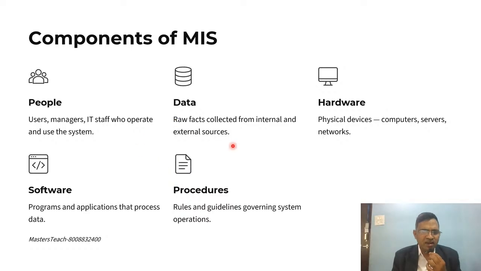Data is the raw data collected from internal and external sources. Then hardware, the computers and servers they use. Software is the applications, and procedures are the rules for the operation. These are the components of MIS. When the question is asked, you have to write the same.